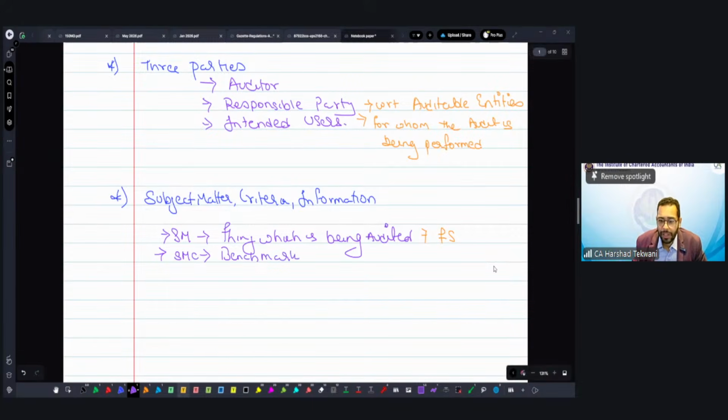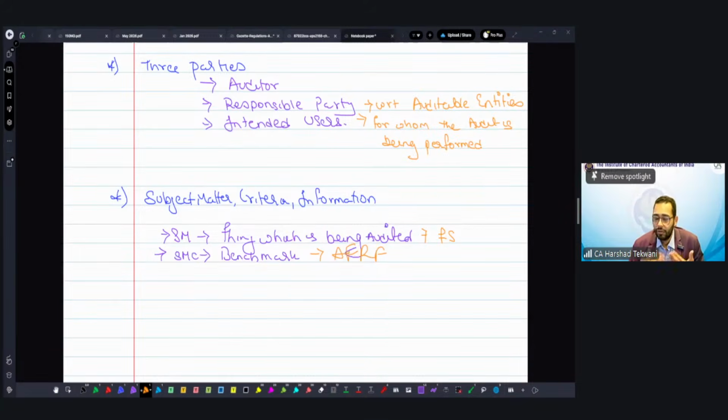For a financial statement, the benchmark will be nothing but your applicable financial reporting framework. You will use that framework to see whether your financial statements are appropriate or not. That is the criteria, correct? I will see whether the applicable financial reporting framework is being used to report the state of affairs of the company. Books of accounts provide the transactions, but how do we report those transactions in an appropriate way?